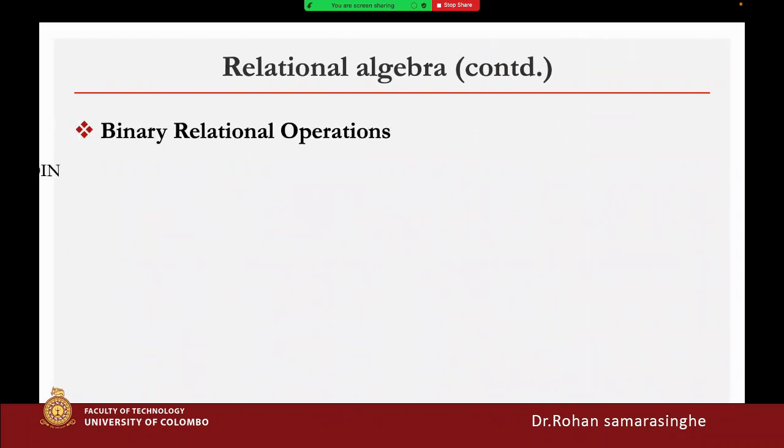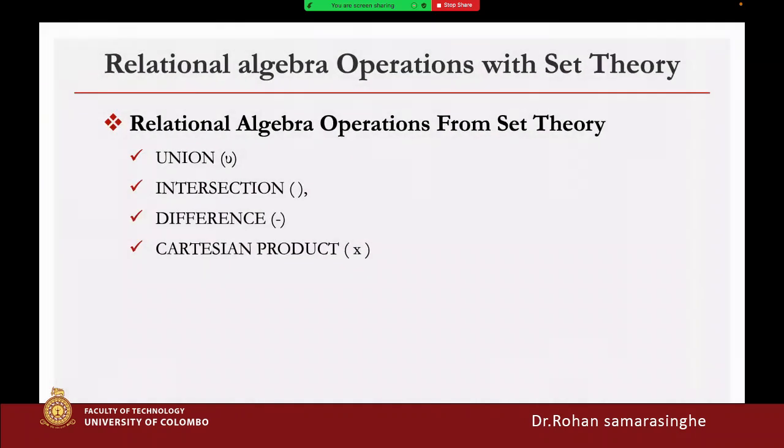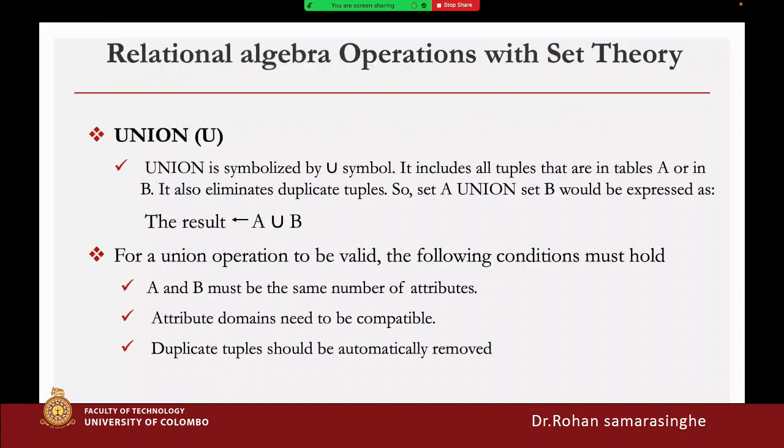So the binary relational operations are join, division, union, intersection, difference, and Cartesian product. Let's take the union.